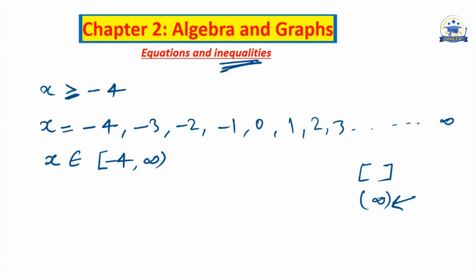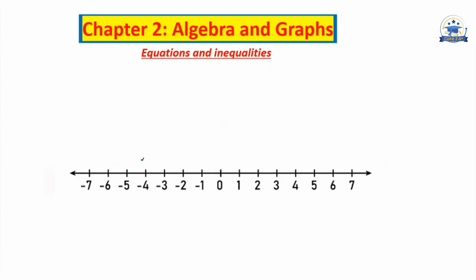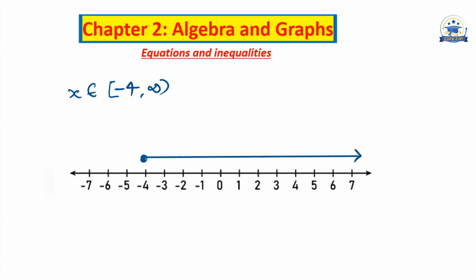And also I'm going to show you on the number line. So if x belongs to the closed interval -4, 0, open interval, how will we show it on a number line? Like this. Okay. Here, this is the colored circle.